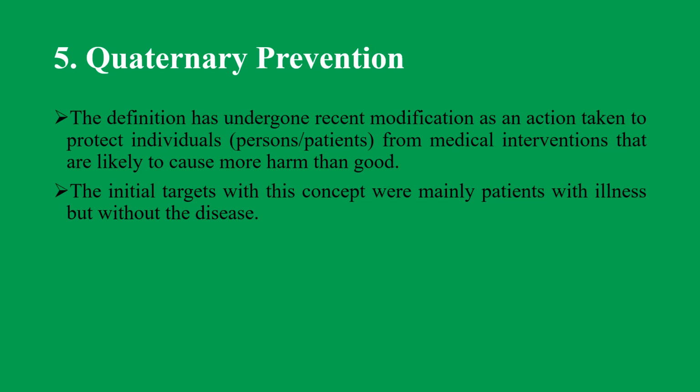You can refer to my presentation on antimicrobial resistance for such cases, where you find an individual is put on treatment and yet there is no definitive diagnosis made. So quaternary prevention aims at limiting such.